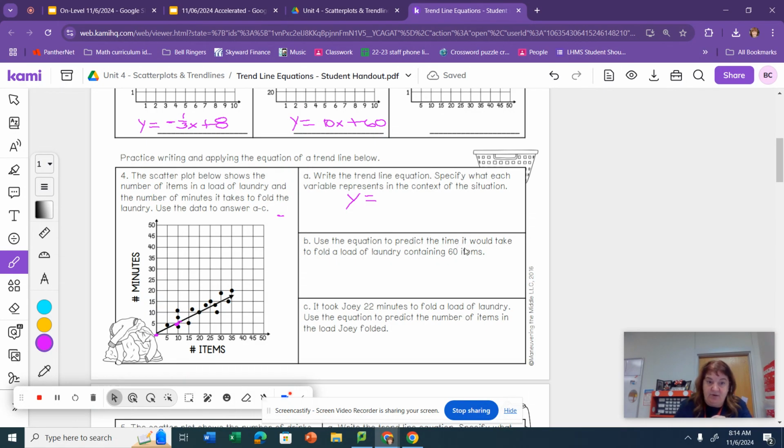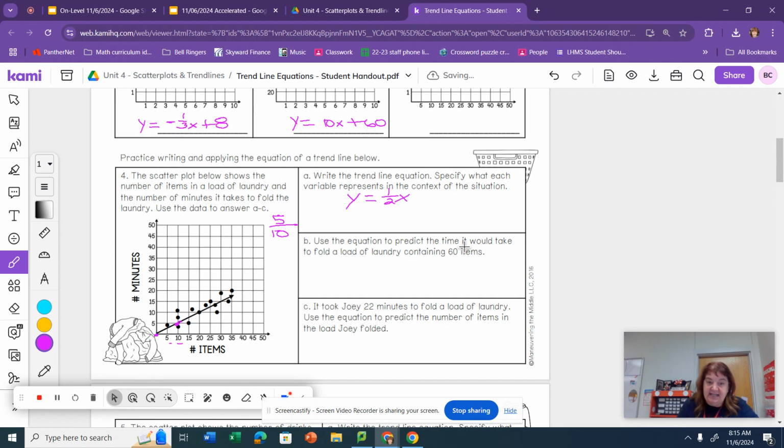Let me write that down. Up 5 and over 10, because I'm looking at my increments. See my increments there? So that would be 1/2, right? So 1/2 or 0.5, however you want to write it, that would be my equation. Then it says specify what each variable represents in the context of the situation.